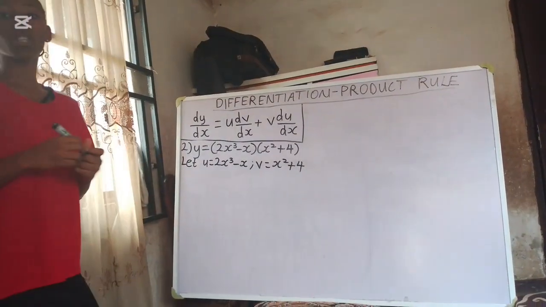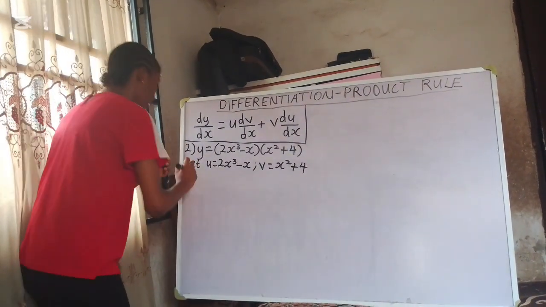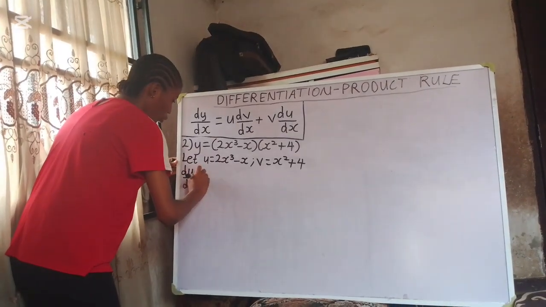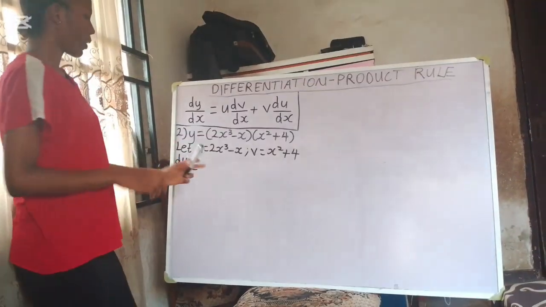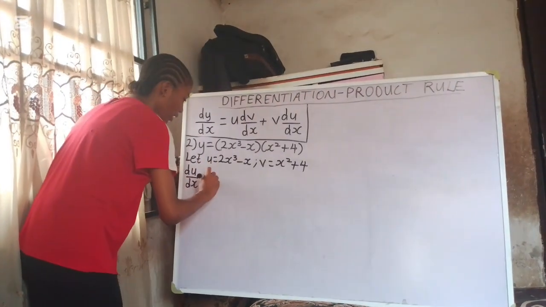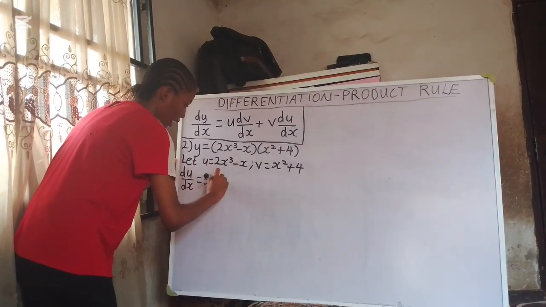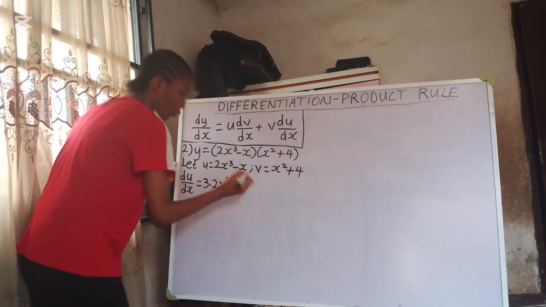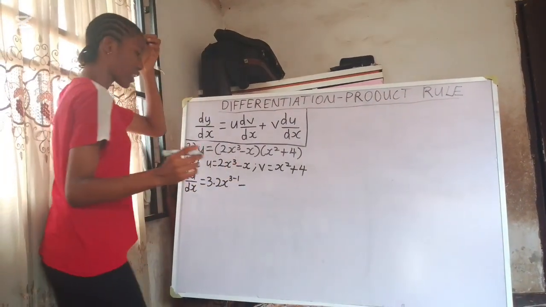Now, differentiating these two functions with respect to x, our du by dx here will be equal to, remember, here we have 2x cubed. We have to bring down the power 3. So this will be 3 times 2x, then you subtract 1 from the power, raised to the power of 3 minus 1, minus x.